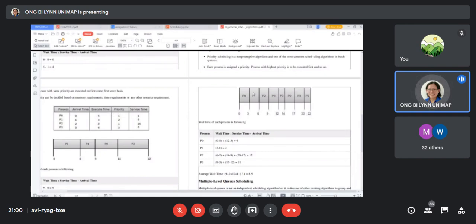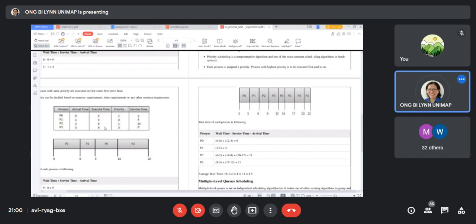And then it goes to P2, 3 unit, jadi 9. P2 selepas habis 3 unit dia masih ada 5. Okay, P3 akan berjalan 3 unit. Selepas berjalan 3 unit, dia masih ada 3.